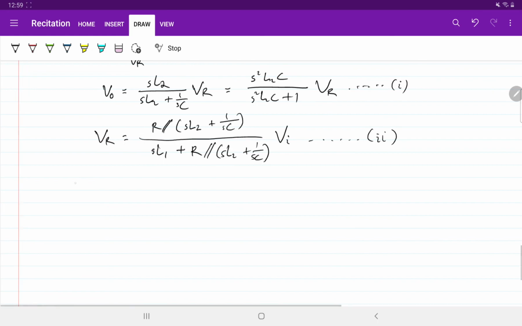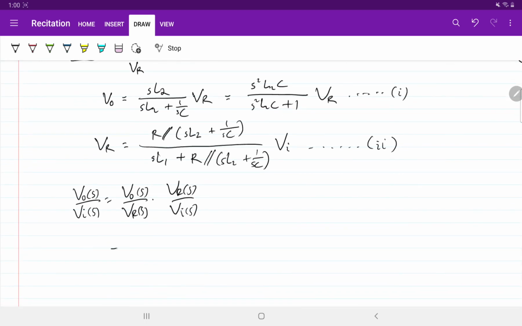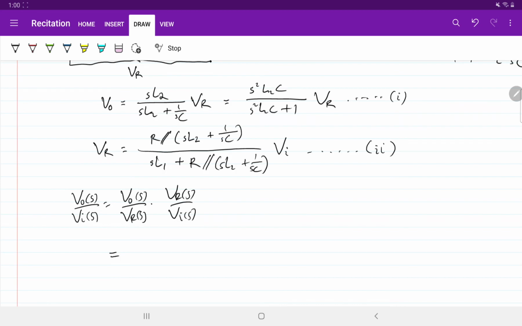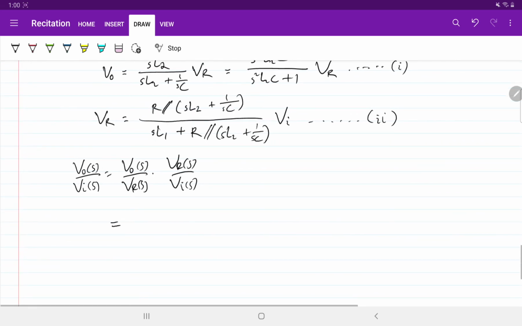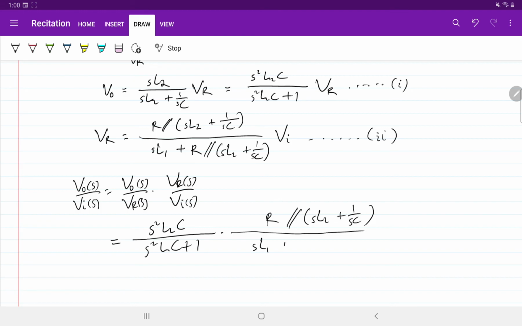So now the transfer function V0 of s over Vi of s is V0 of s over VR of s times VR of s over Vi of s, right? So for the first transfer function, you get it from the first equation. So S squared L2C over S squared L2C plus 1, multiplied by the second transfer function, R parallel with SL2 plus 1 over SC, over SL1 plus R parallel with SL2 plus 1 over SC.